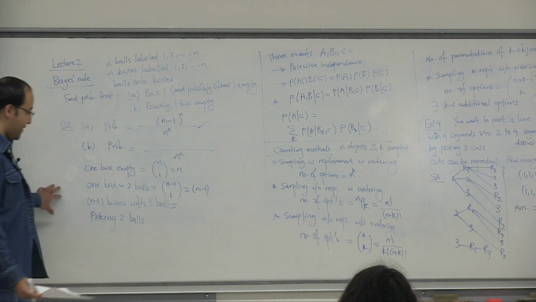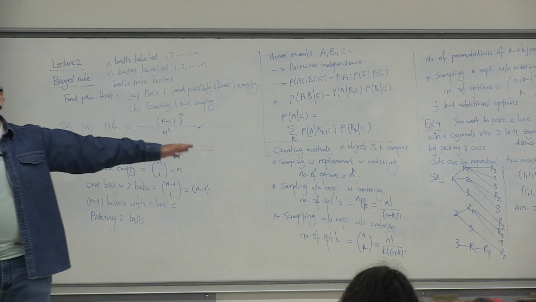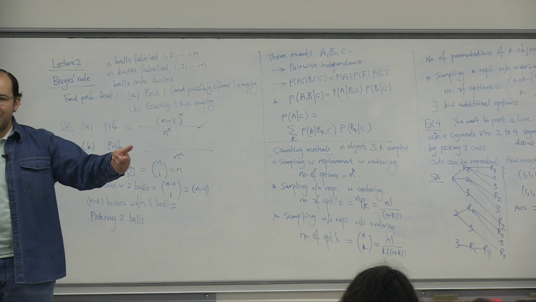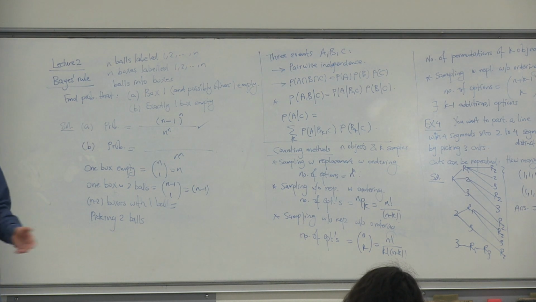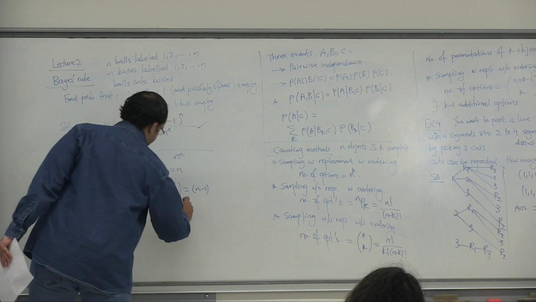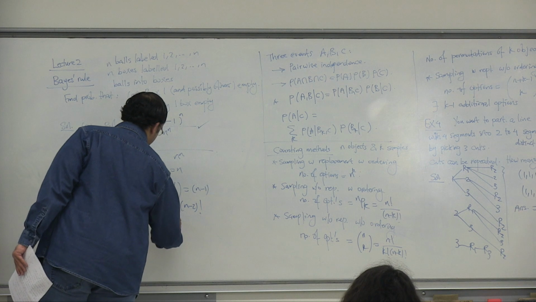How about this one? N minus 2 boxes with 1 ball each. Exactly. But since you will exhaust all of them until the end, and you took the 2 balls, it's n minus 2. Permute n minus 2 again, so it's n minus 2 factorial. Exactly. And the last one is simple, n choose 2.